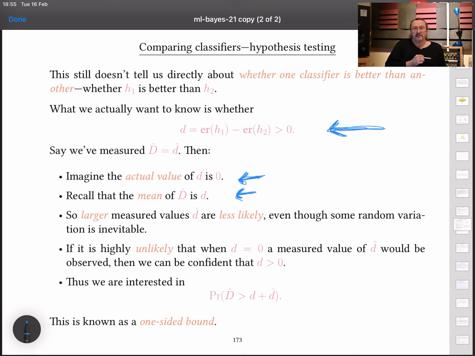One way of thinking about this is that if it's very unlikely that when d is actually 0, a measured value of d hat would be observed, then we can be confident that the actual value of d is greater than 0. Okay? So what we're actually interested in is this quantity here. The probability that our random variable actually exceeds the real value of d plus the value we measured. And that's known as a one-sided bound.